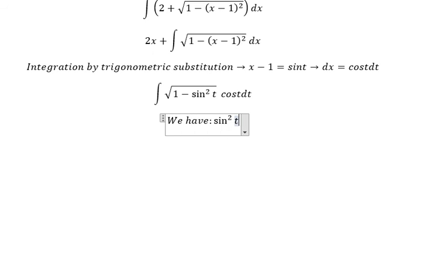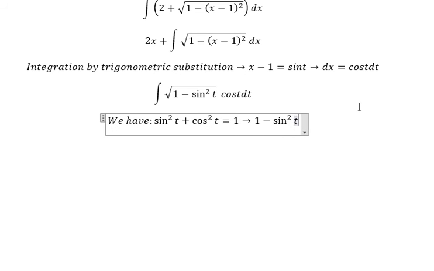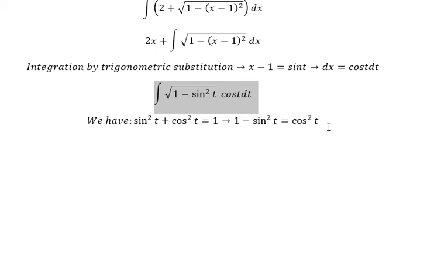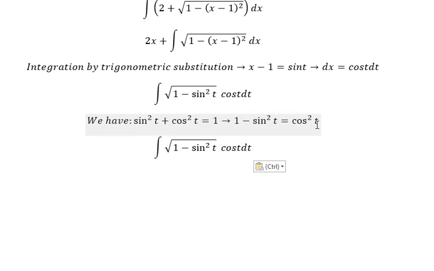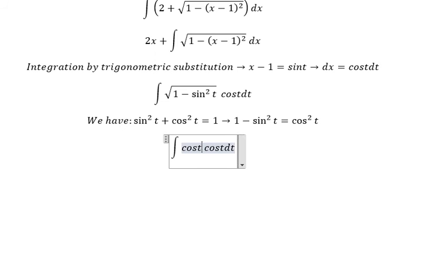Next, we have sin t squared plus cosine t squared equals to number 1. So we got about 1 minus sin t squared equal to cosine t squared. So we put cosine t squared in here. The square root of cosine t squared, you got about cosine t.